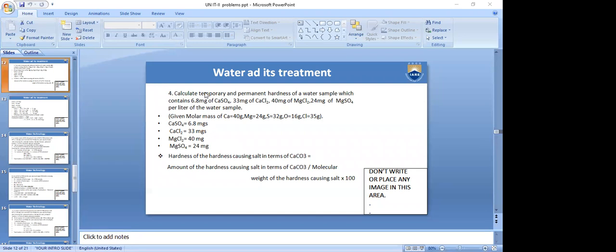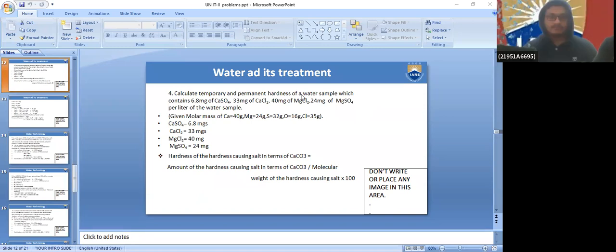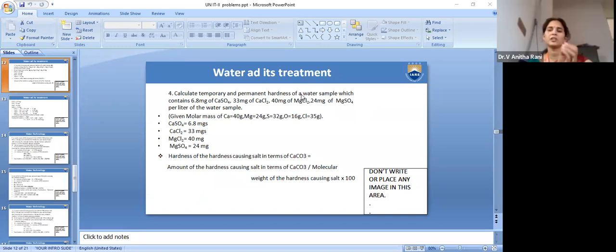Question, you know now: calculate temporary and permanent hardness. Now tell me temporary hardness. 0. Okay, very good. Some of them won't write temporary hardness is 0. In the answer, you have to write compulsorily temporary hardness is equal to 0 ppm, because in the problem they have asked you to calculate temporary hardness.